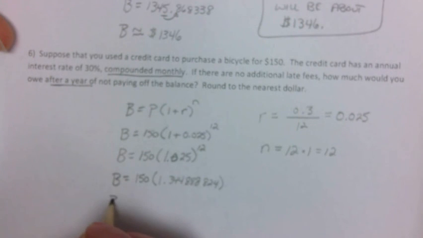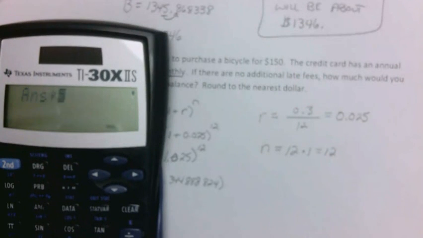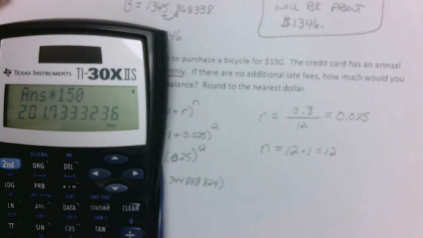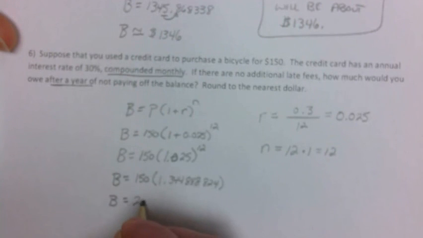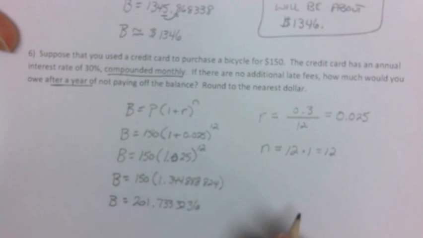And now multiply that number by 150. And again, we'll write out that whole number, 201.733236. Okay, so this represents our balance, and we're going to round it to the nearest dollar.